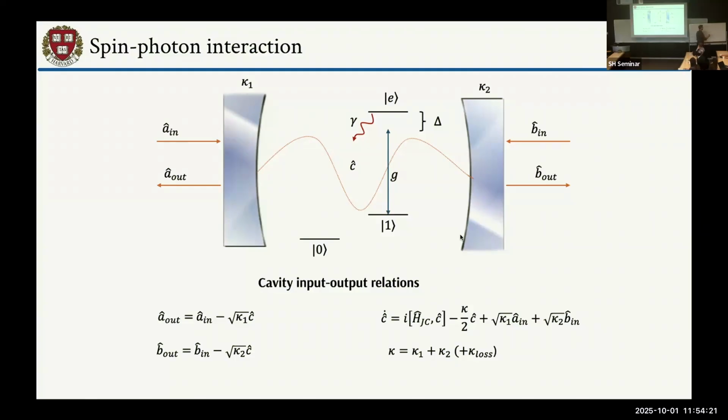And maybe one thing that would be good for you to remember is the commutation relations. Now I'm just writing A here, but of course it also goes for C and B. These are all bosonic annihilation and creation operators, so they have the same commutation relation.